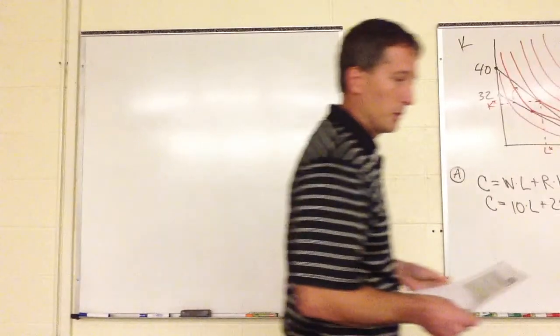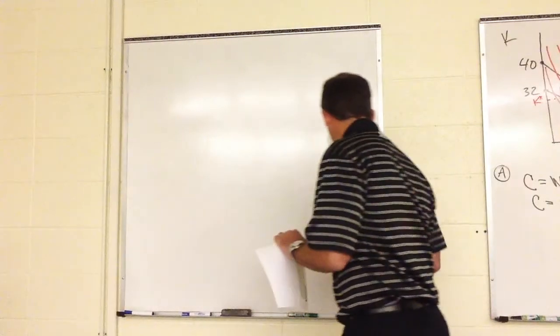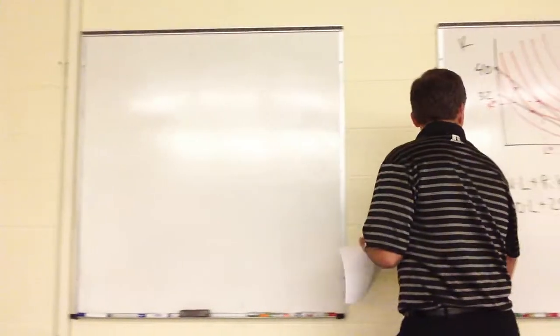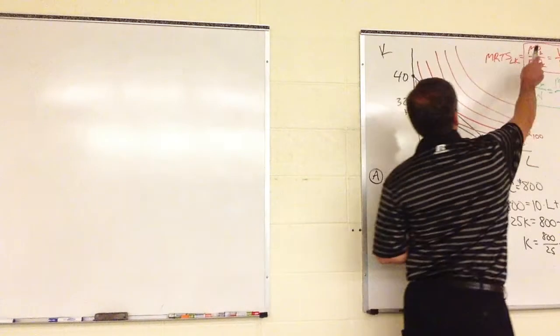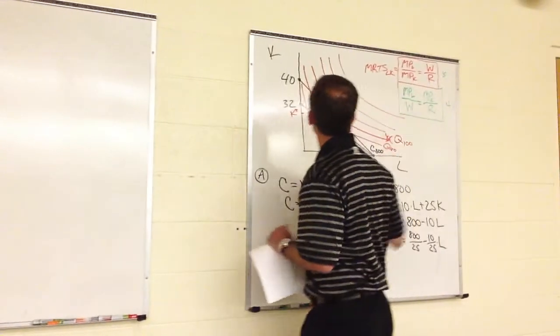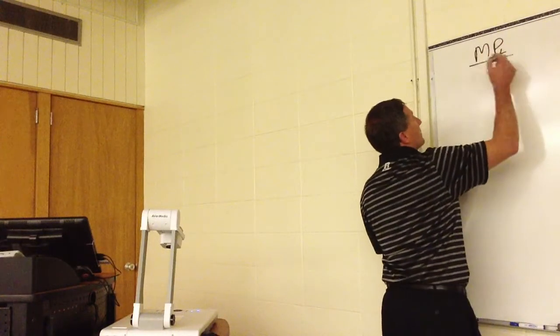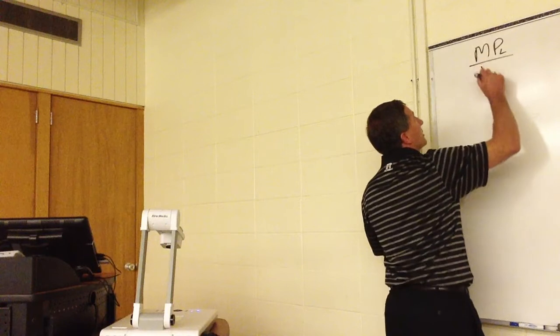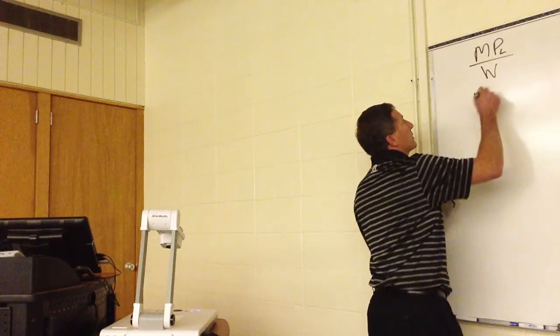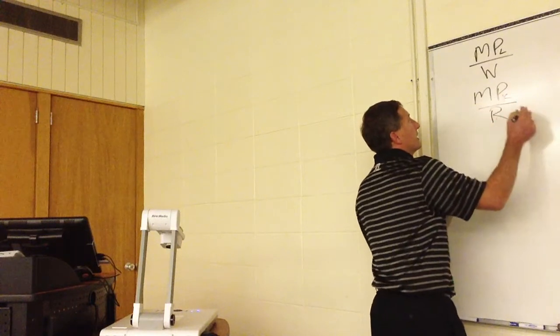So what should it do? Most of you did this top one. Do this one next. So calculate the marginal product of labor divided by the wage. And the marginal product of capital divided by the rental rate.